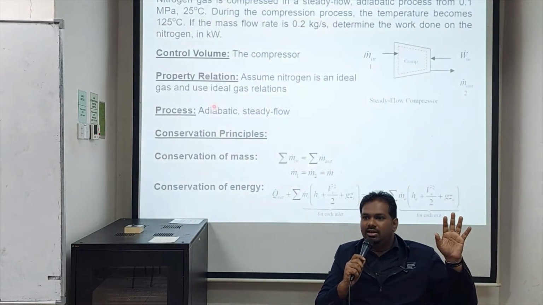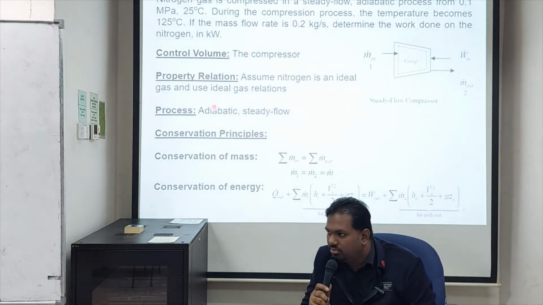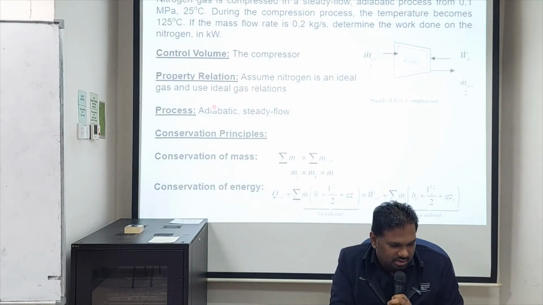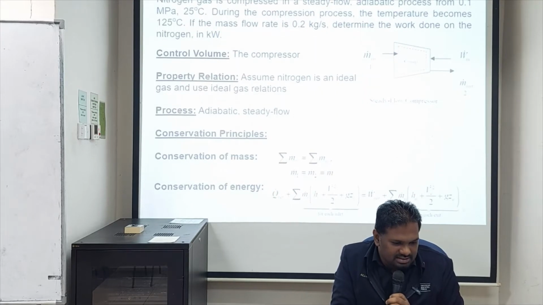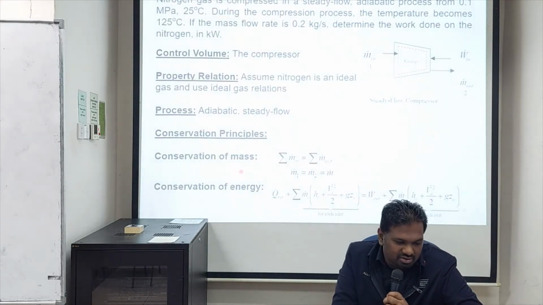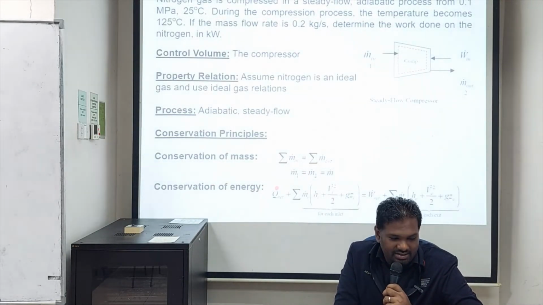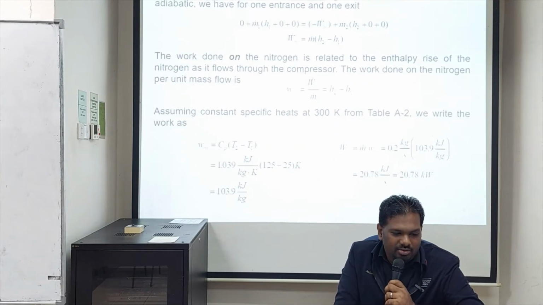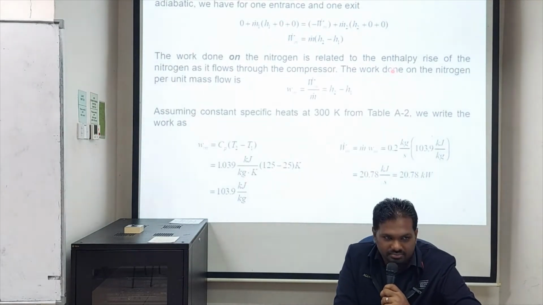Kalau it's related to ideal gas, you gunakan table A2. Okay. Then you find the process is adiabatic. So apply conservation principle. So ada dua, conservation of mass and conservation of energy. Then you dapat formula akhir, then baru you start calculation.